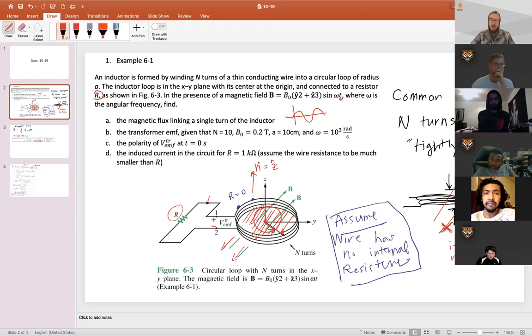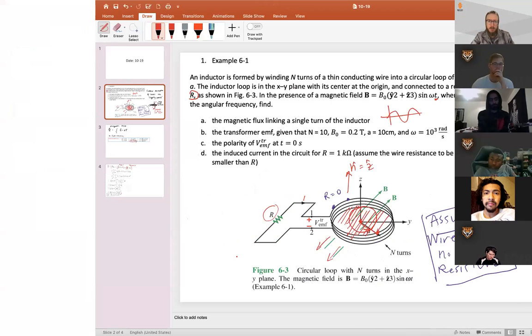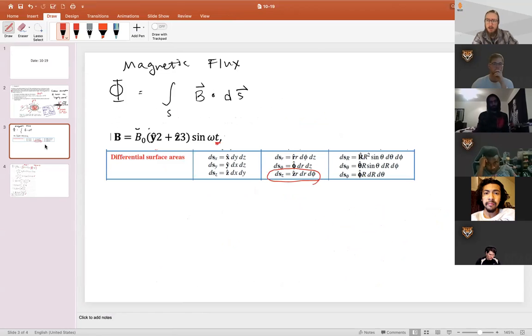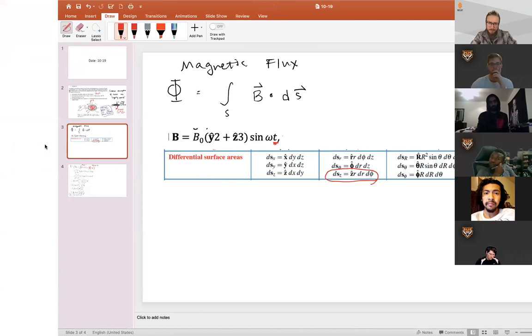What you want to do is take your right hand and point your thumb in the same direction as your dS. We chose this dS with the z in the positive direction. So if you point your thumb in the same direction as the dS you chose, your fingers are going to curl, and that curl of your fingers is going to define your polarity.